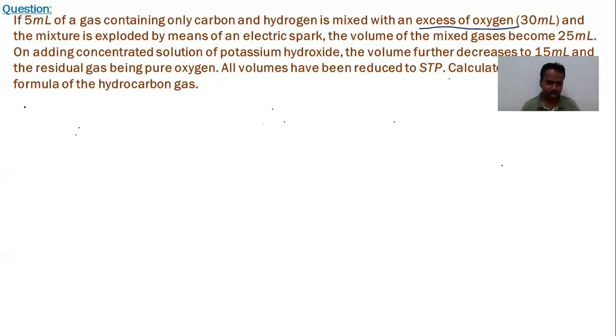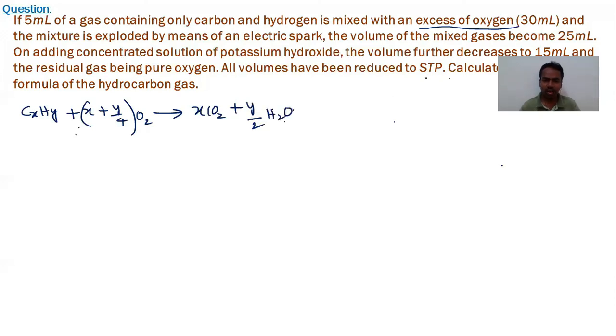The hydrocarbon CxHy plus (x + y/4) O2 forms x CO2 and y/2 H2O. The conditions are STP, that's why H2O is in the liquid state. The remaining are all gaseous.